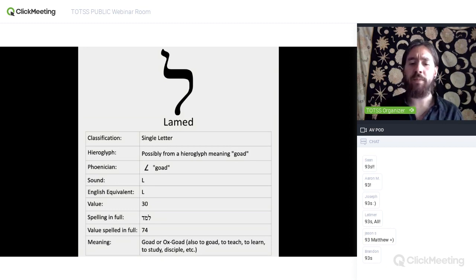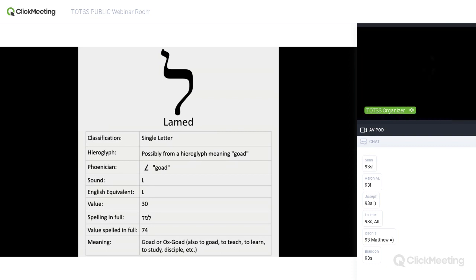There's also a number of derived meanings from the idea of goad, like to teach, to learn, to study, with different pointings. It can mean a disciple. All these are derived from the idea of goading, which makes sense for what a teacher does to a student, right? He goads them into progressing and developing and learning.